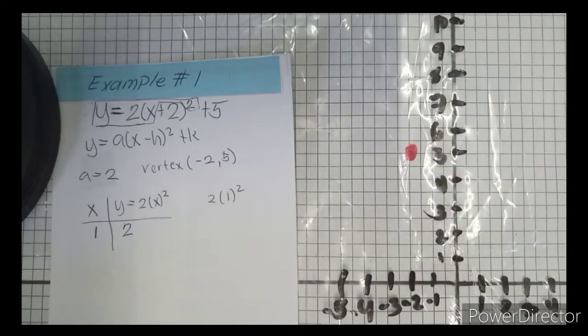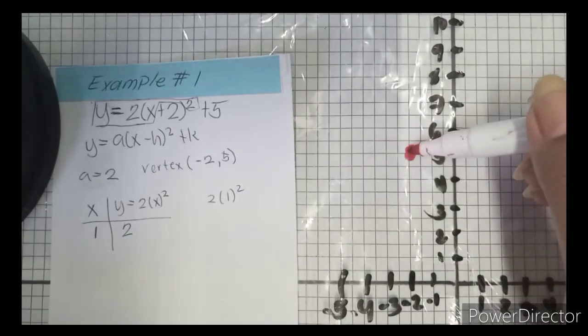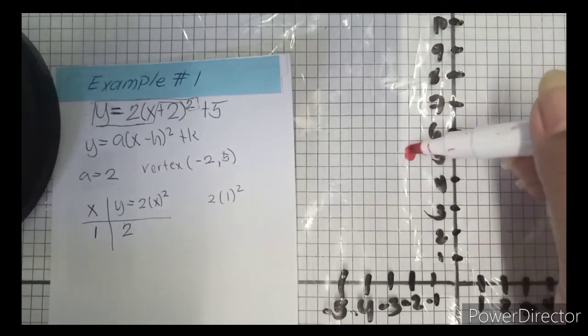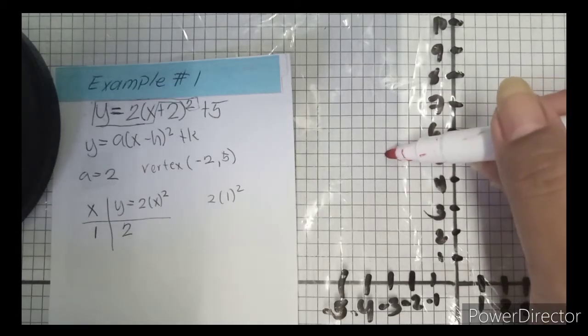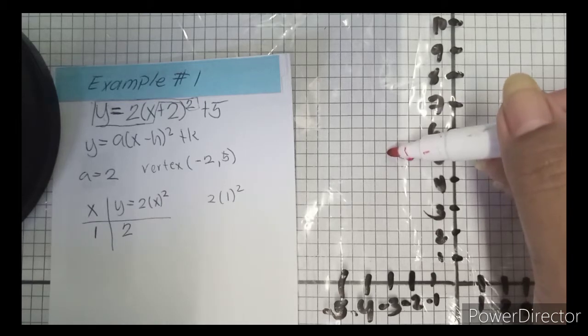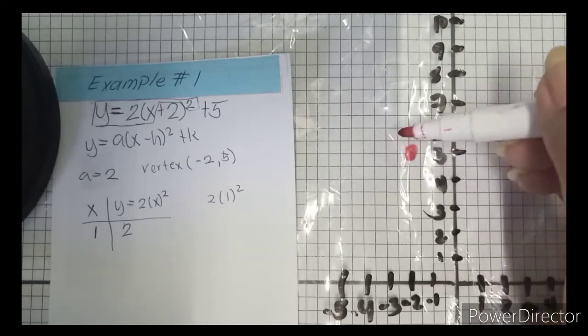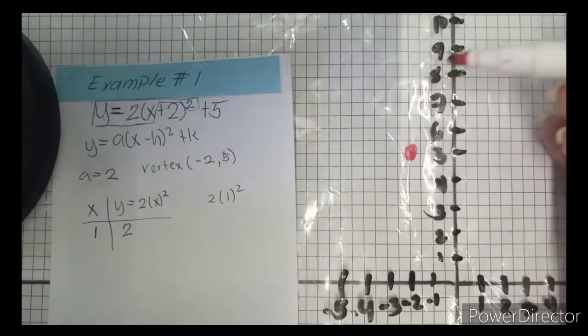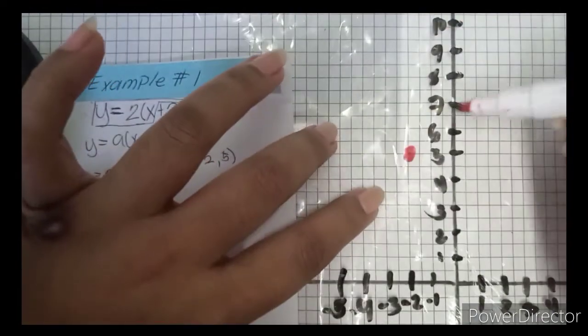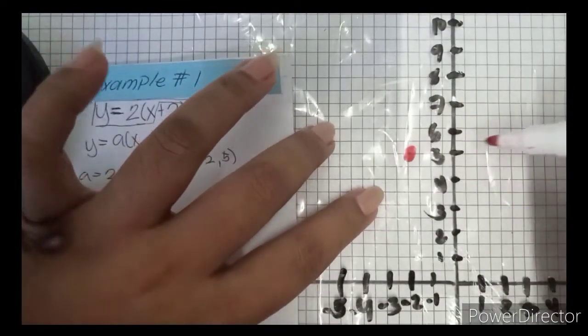From the vertex, move daw tayo ng either left or right ng isa. So, isa. And then, move tayo ng, since positive yung ating a, ang pag-movement natin is upward ng dalawa.